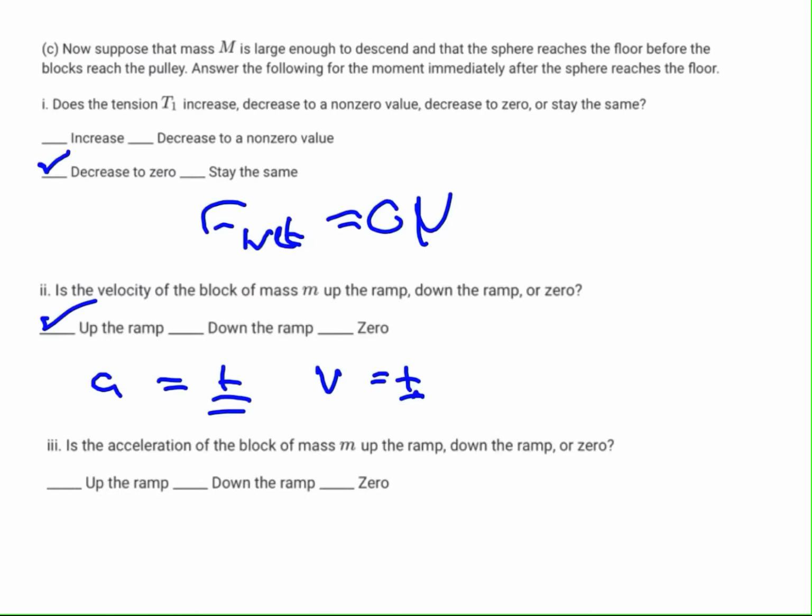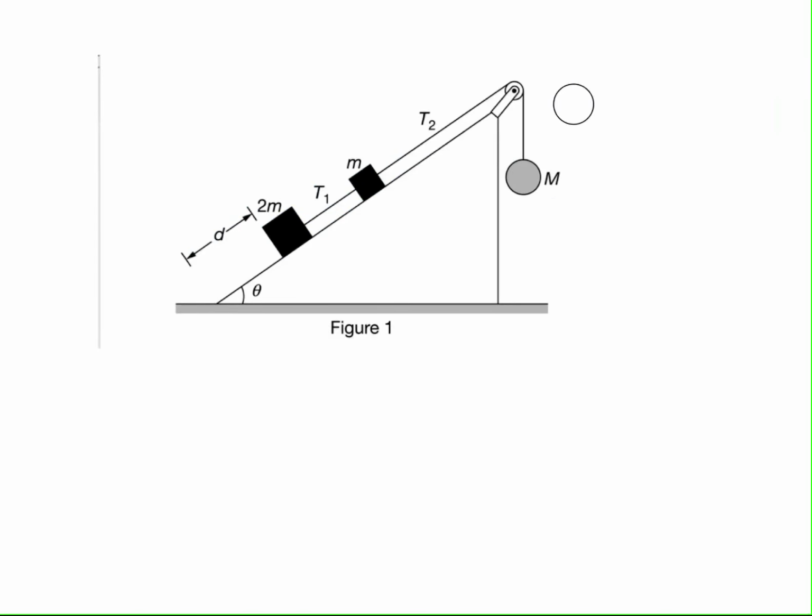Okay. Is the acceleration of the block of mass m up the ramp, down the ramp, or 0? Well, once this is no longer driving it forward, it's going to start to slow down.